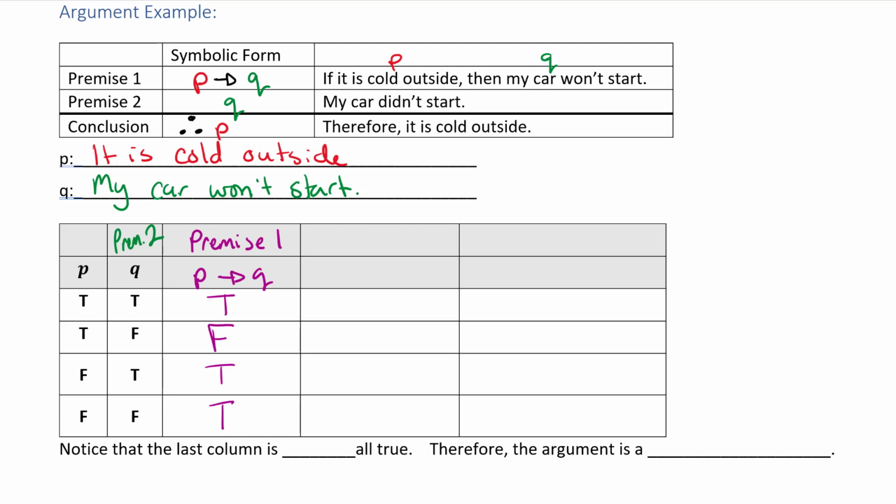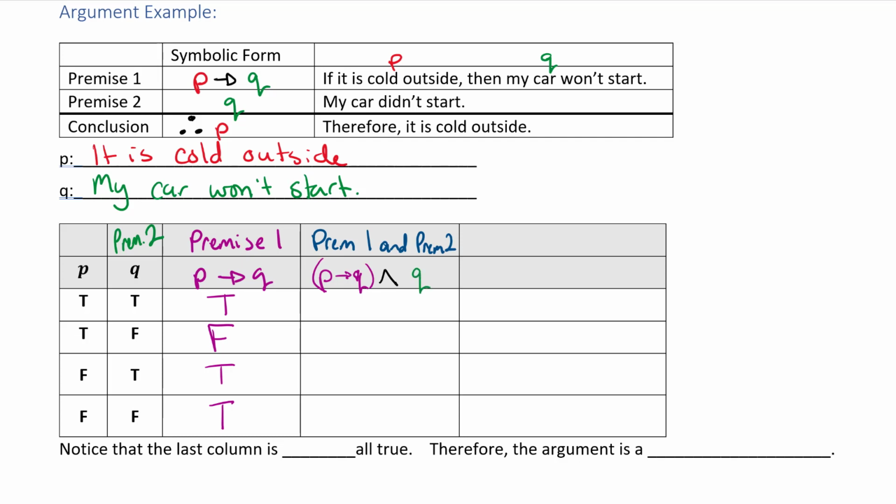Alright, so I have premise 1 and premise 2, and now I have to put them together. So I'm going to write premise 1 and premise 2 here. So that means I'm going to take the purple column, I'm going to put that in parentheses, and I'm going to join it together with a conjunction, premise 2.